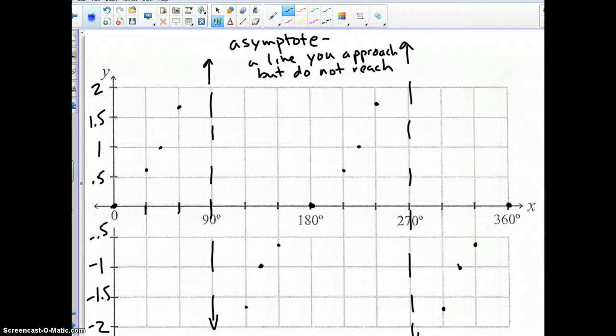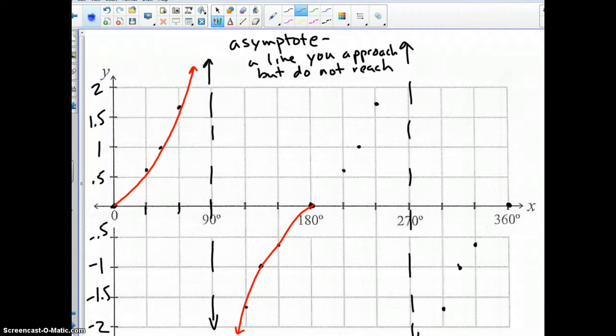That's what happens. So you can see as we move towards that spot where it's undefined, I'm just going to use a different color here. We start at 0 and we're going this way. It's going upward, but it can never really reach 90 degrees. It's going to get close to it, but you can't reach it because it's undefined there. Likewise, over on the right, towards the middle here, we can go towards 90 degrees coming in from the right-hand side, but we'll never get there.